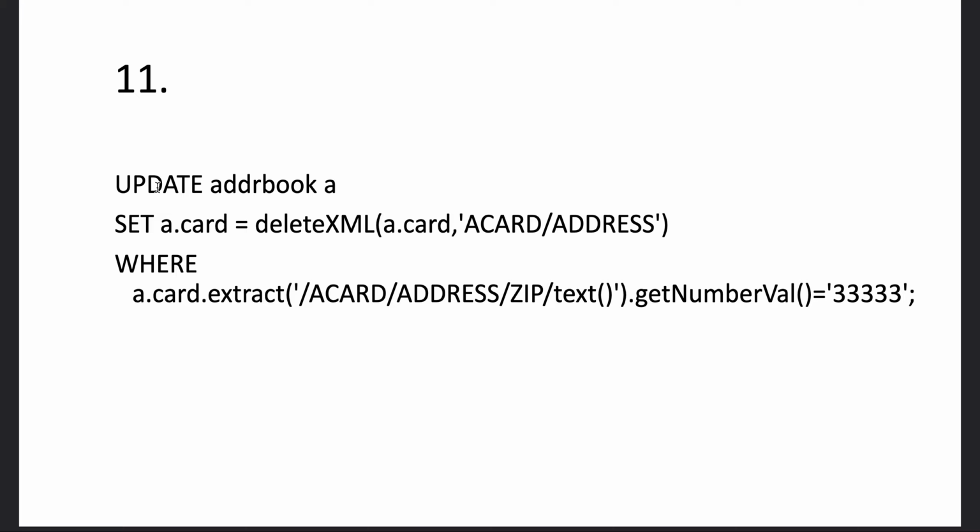We say update address book A, where we set a.card equals delete XML, and we use the delete XML function, a.card, and we have the XPath, a.card address, where a.card.extract equal function, using the extract function and the XPath here, a.card/address/zip text .getNumberVal equals 33333, and this will help us now to delete those values. Let's take a look at it.